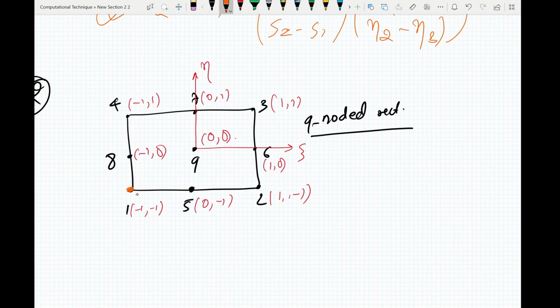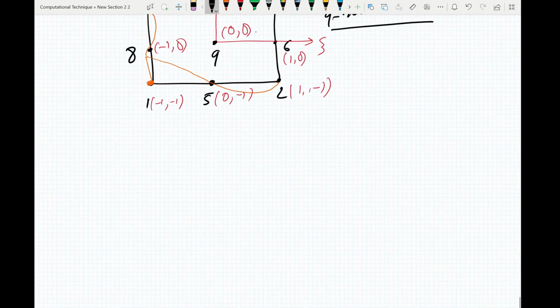Now you see here that your N1 will vary quadratically like this in the xi direction and quadratically like this in the eta direction.